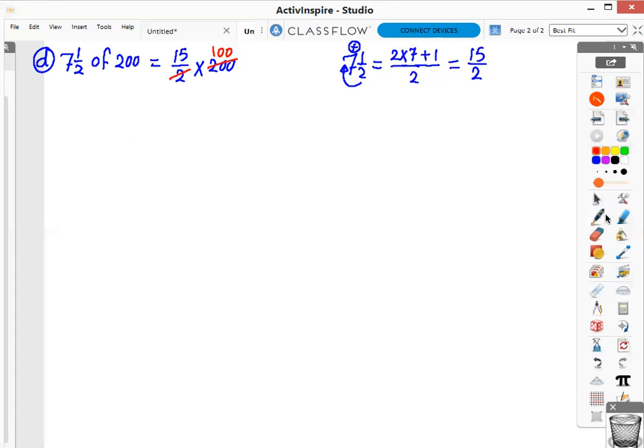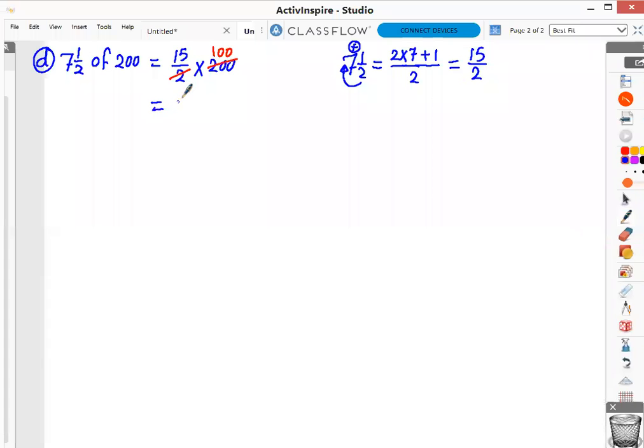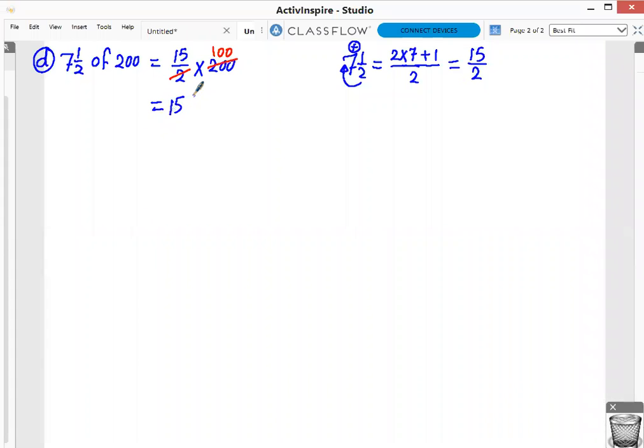Then our answer equals 15 times 100. It would be 1,500. Very good. Or we can solve it like this, 7.5 of 200.